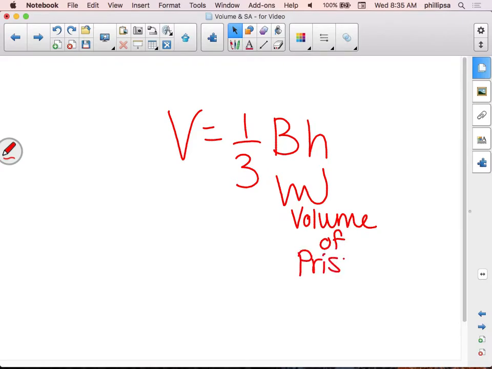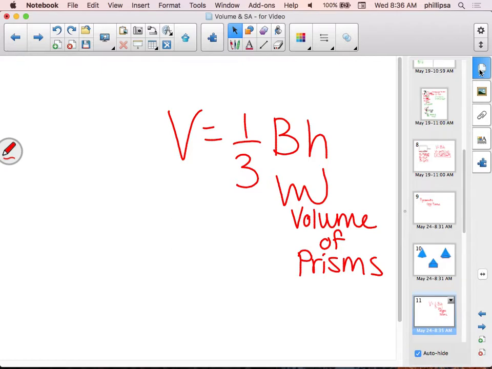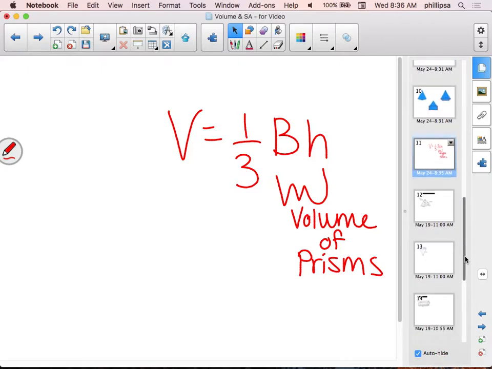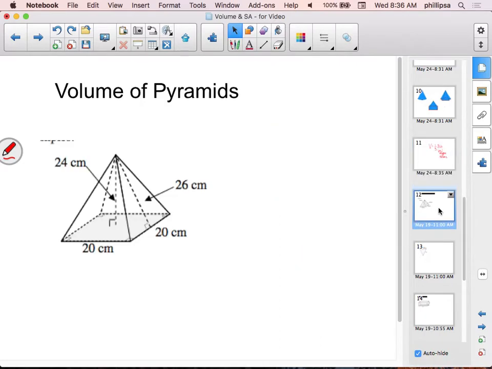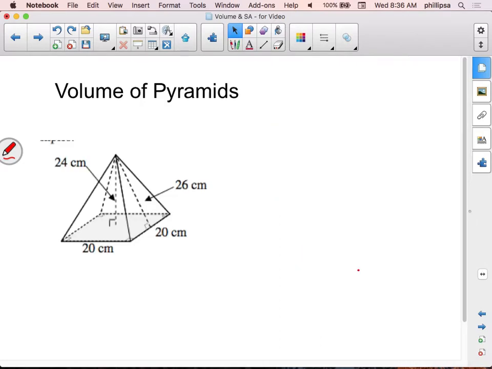And because your pyramids are 1/3 of a prism, we find the volume by taking just 1/3 of the prism's volume. Okay, so a lot of this is going to be much the same. The biggest difference here is we're going to have to take 1/3 of something. Okay, so let's go ahead and we'll start with a square pyramid.